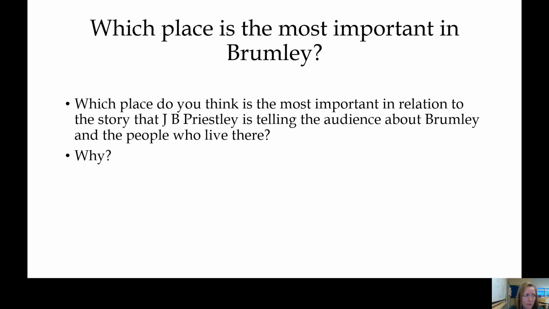Think about what he's saying about socialism versus capitalism, about society, about belonging. For you, what is the most important place in Brumley that allows Priestley to convey that message? When you've got an idea, make a note of it on your lined paper or in your notebook, please, and explain to yourself why. When you're ready, come back and we'll talk a little bit more.